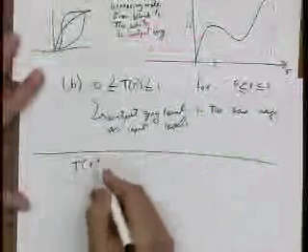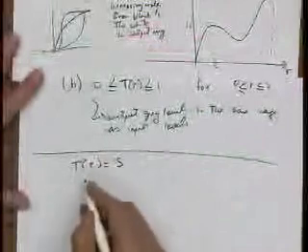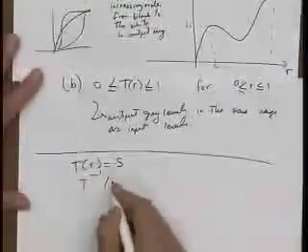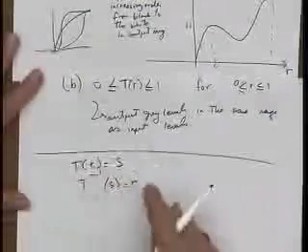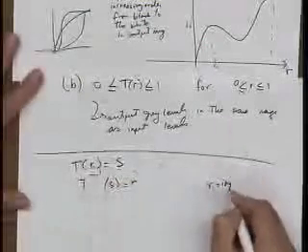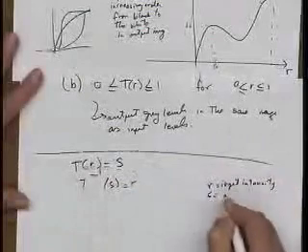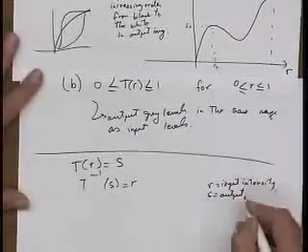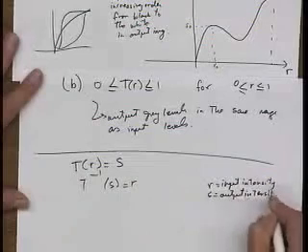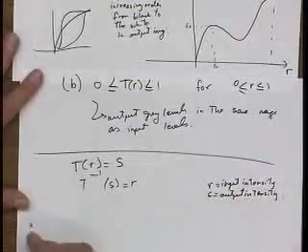T of R is S, and furthermore, T inverse of S is R. And remember, R is the input intensity, and S is the output intensity for each pixel.